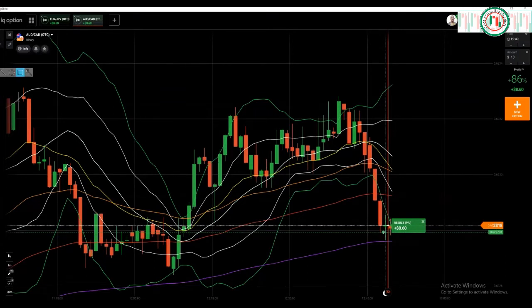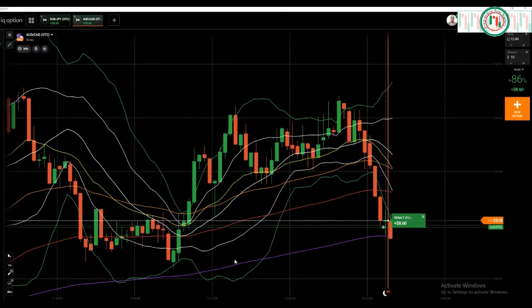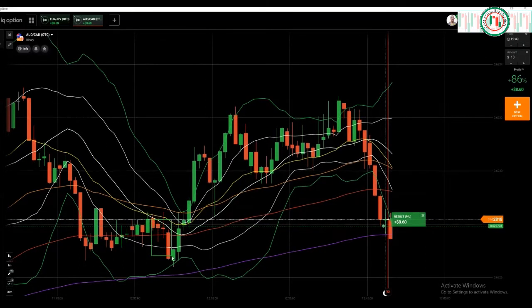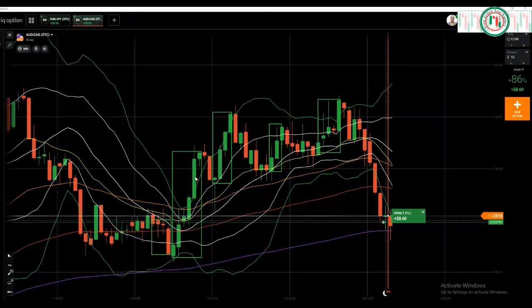Let me show you what I can see here. You see here, sorry, this is a red candle and this is engulfing. Here is another engulfing, here is another engulfing, and here is another engulfing. So the market broke this area.